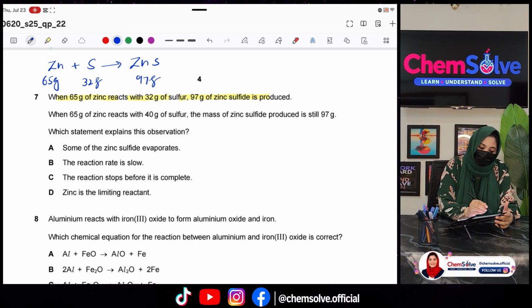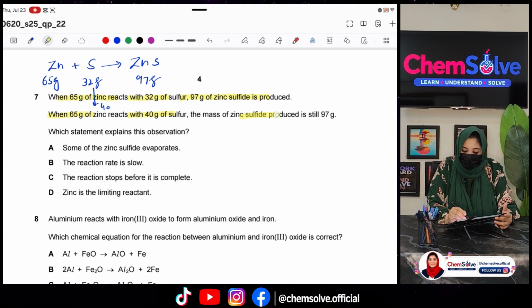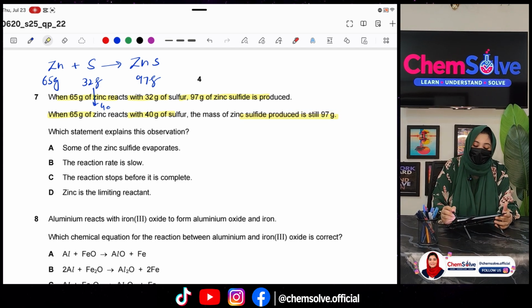So if we increase the amount of sulfur to 40 instead of 32, but zinc remains the same, it still produces 97 gram. Why is this so? Okay, so look at the ratio.